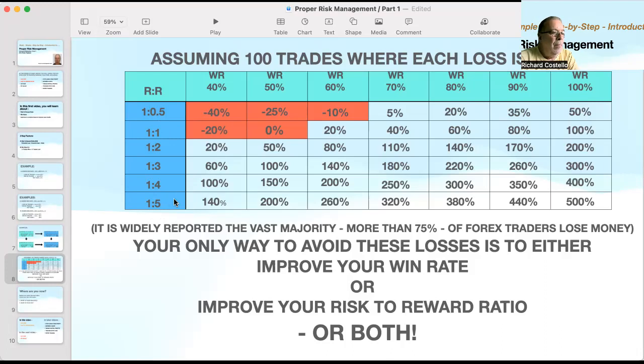Now, that guy may only win 40% of his trades, but he's still in a net gain of 140% of his account balance over 100 trades. So you can see that increasing your risk to reward ratio substantially impacts your net gains, and increasing the win rate also substantially increases your net gains.